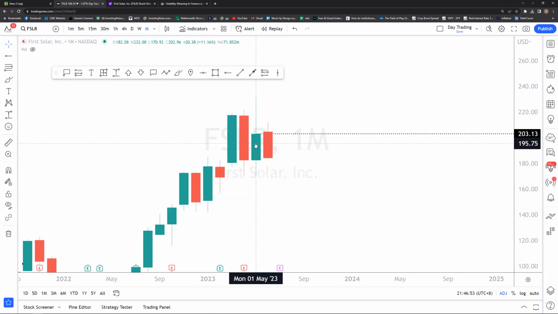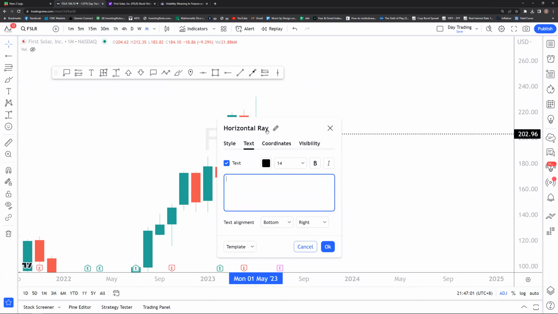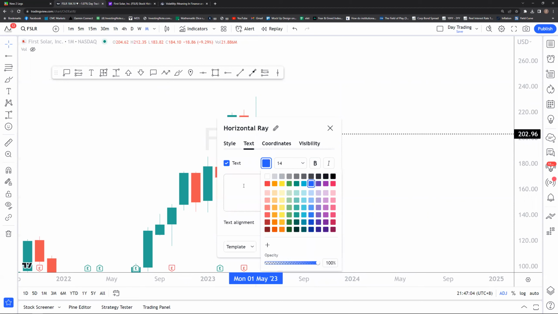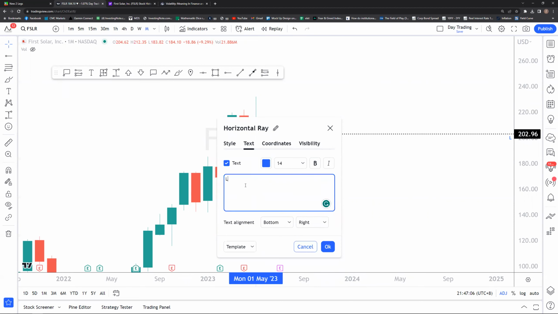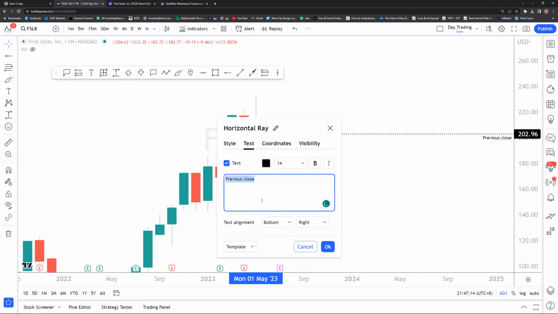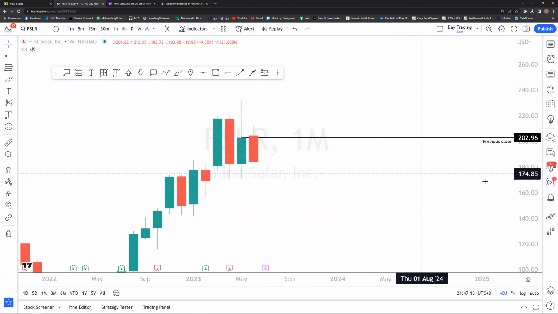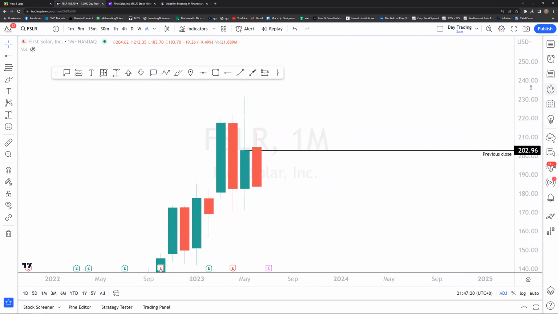The previous close is 202.96. Okay, that's the previous close.